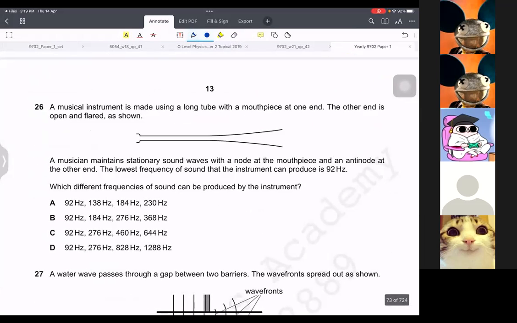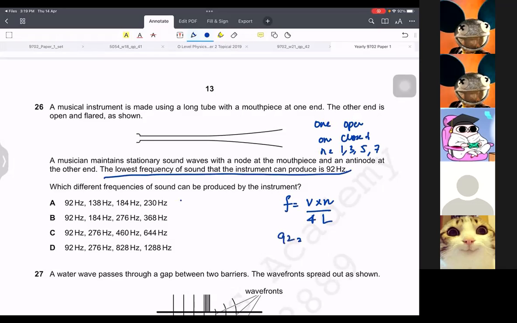Now, a musical instrument. Oh, this is my favorite question. First of all, it says with a mouthpiece at one end and the other end is open and flared. So this is one end open, one end closed. The moment you see this, you should remember it is a frequency question. The frequency equation for one end open, one end closed is this, where n is equal to 1, 3, 5, 7. It says the minimum frequency is 92, so we write 92. V is V, minimum n is 1 and 4L.